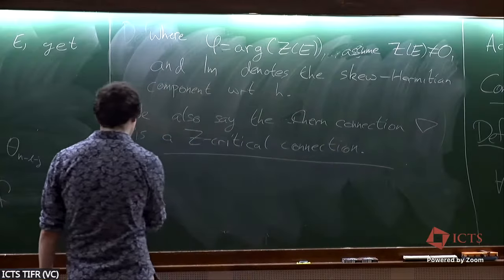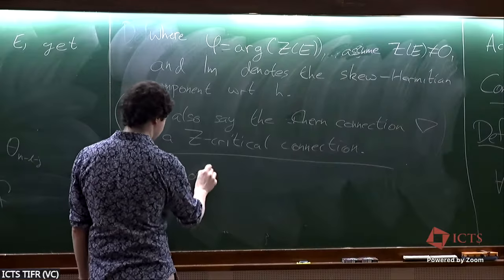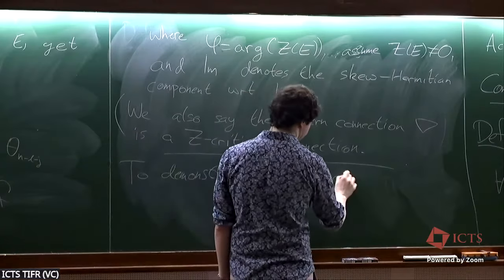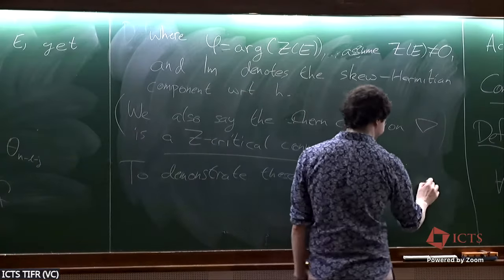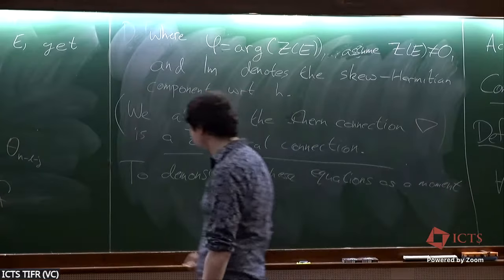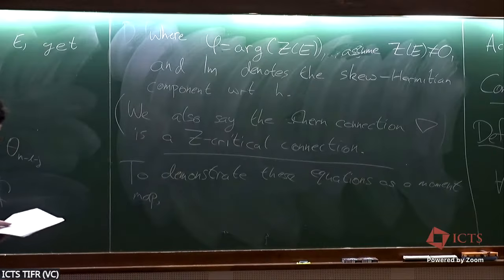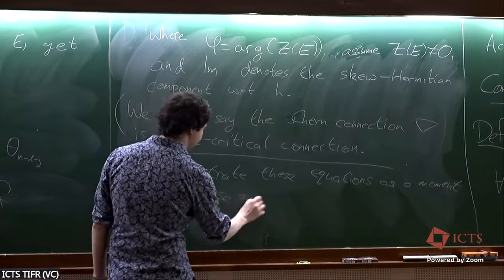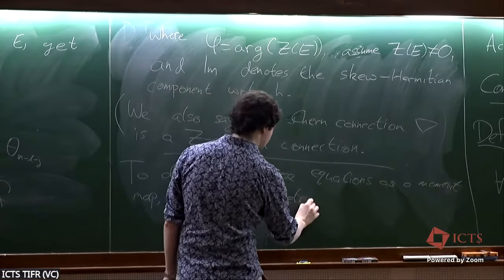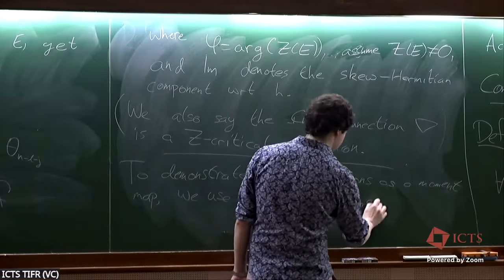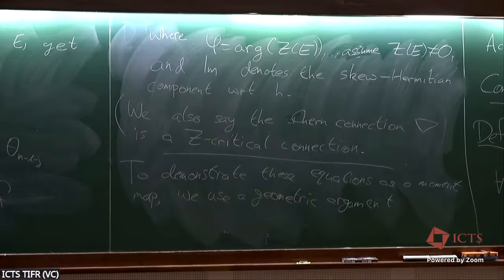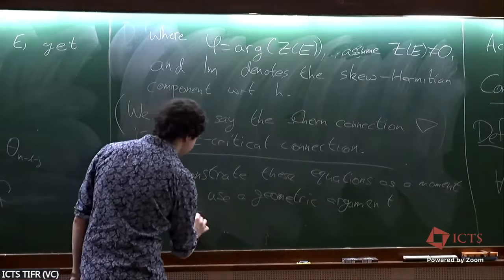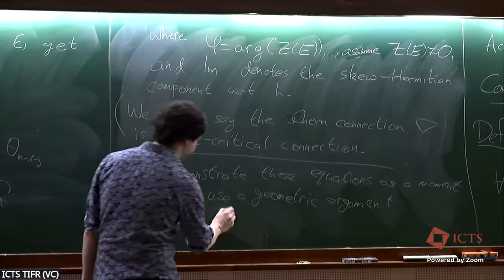So to demonstrate these equations as a moment map, we really use a geometric argument, something that really comes from similar ideas in algebraic geometry, and tools from an old story in differential geometry, which is equivariant differential geometry.